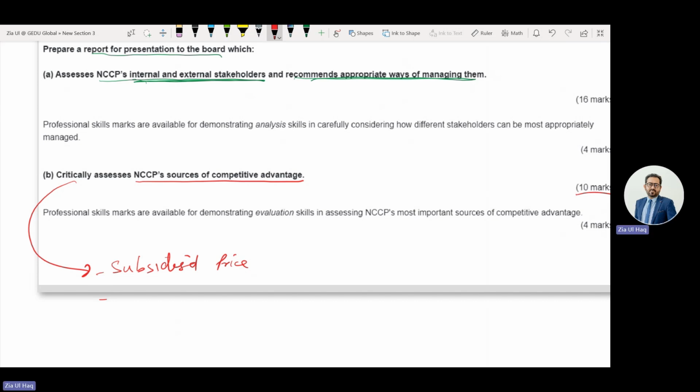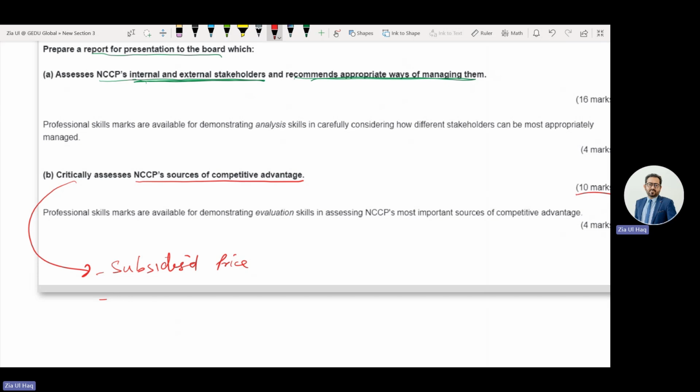This is the competitive advantage. Other companies in the industry might be offering paid courses, charging high prices, profit making. So this company, as compared to other training companies, will have a competitive advantage due to subsidized prices.